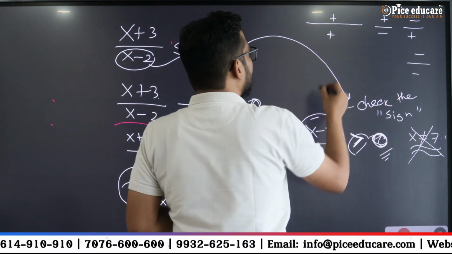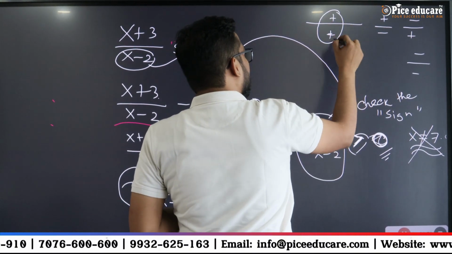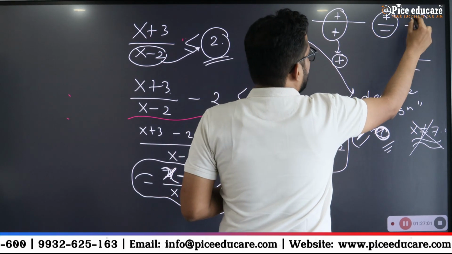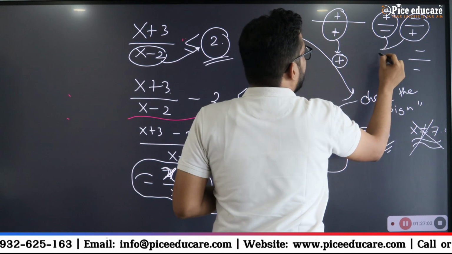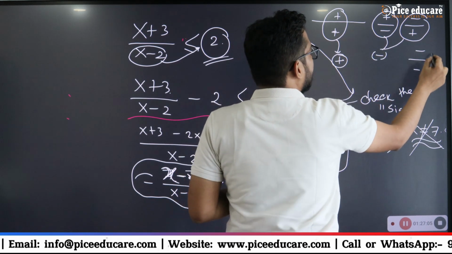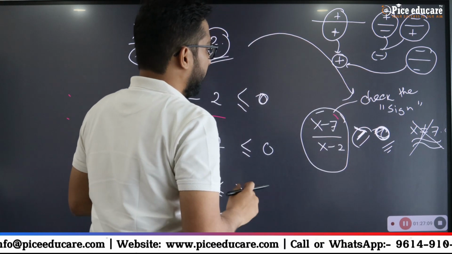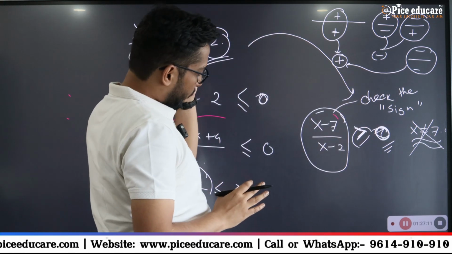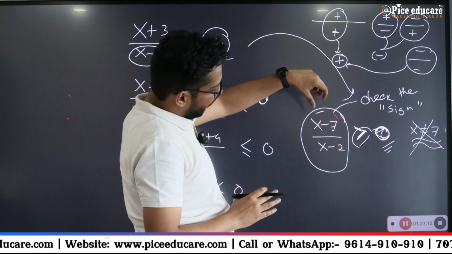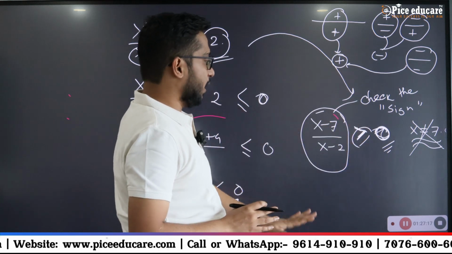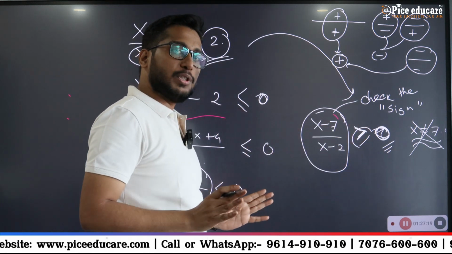You know that plus over plus will lead to a net positive sign. Plus over minus and minus over plus will lead to a net negative sign, and minus over minus will lead to a net positive sign. So if I am trying to find for which values of x, x minus 7 over x minus 2 is positive, I have to look for 2 situations only.